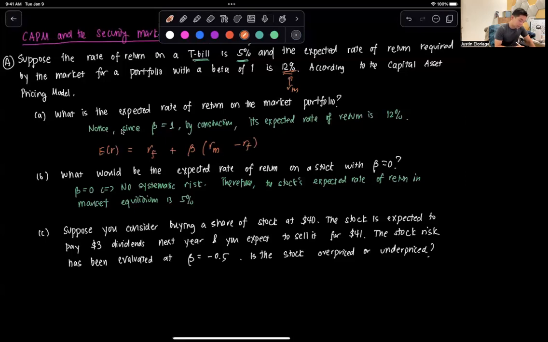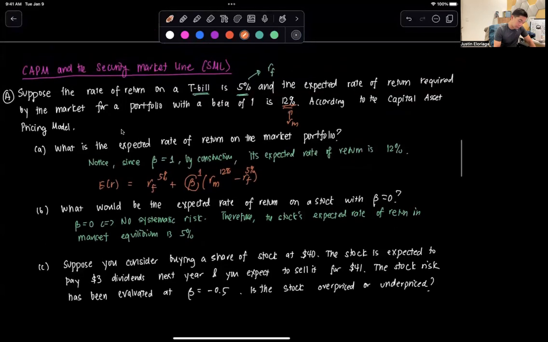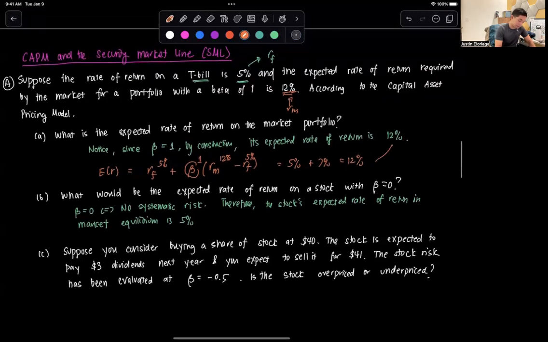In the case of A, since beta is equal to 1, RF is 5%, RM is 12%, and the difference is 7%. So we get 5% plus 7%, and that's 12%. That's how we got this one.